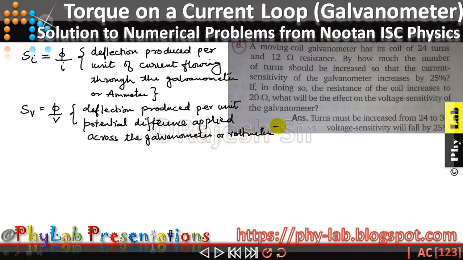So that is how you have defined the current sensitivity and voltage sensitivity.